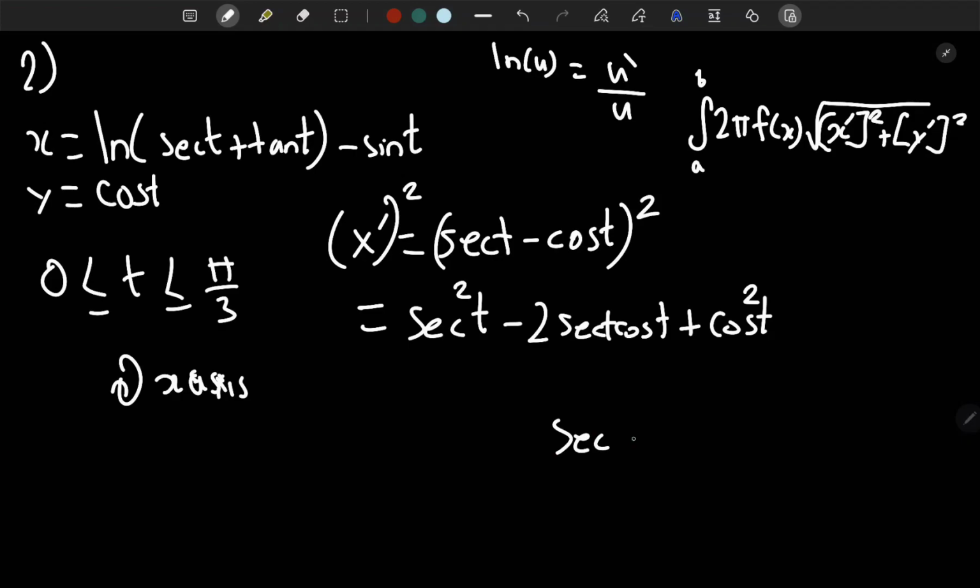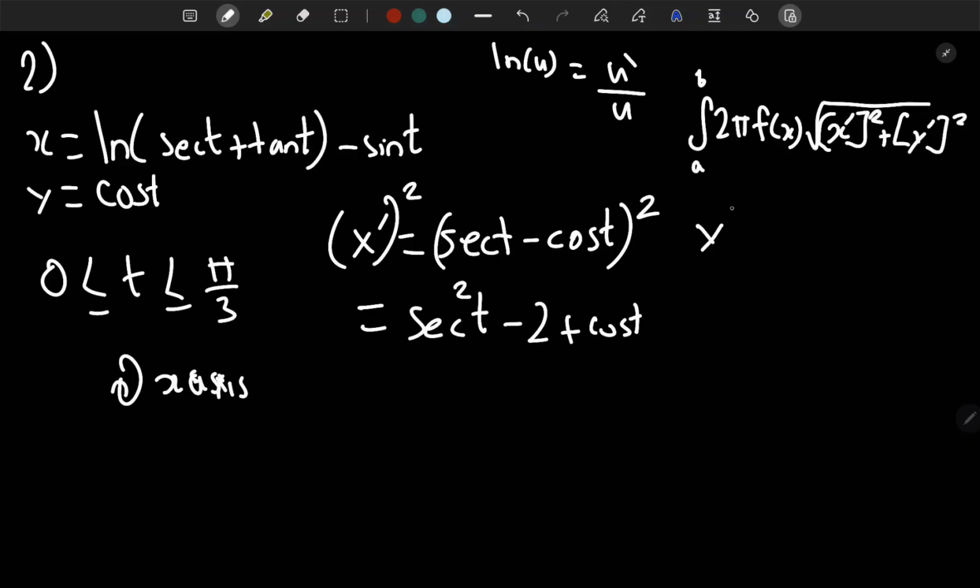Secant t is simply 1 over cosine t. So here it is as if you're multiplying by 1 over cosine t, which we can just cancel, right? So the cosine and the secant cancel out, and here we are left with just minus 2 plus cosine squared t, and this is our x prime squared, the final thing.